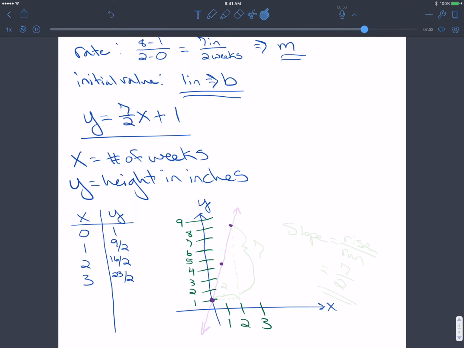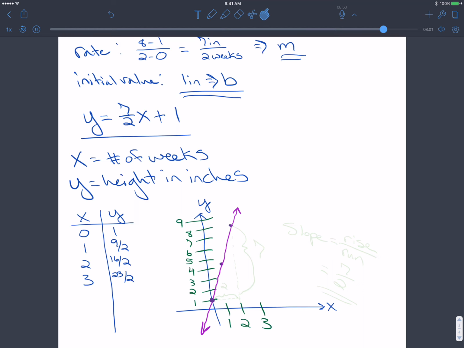Okay, so I sketched in the axes and plotted the first 3 data points: 0, 1, then 1, 4.5, and then 2, 8. If I connect these points, I can then approximate slope as rise over run.